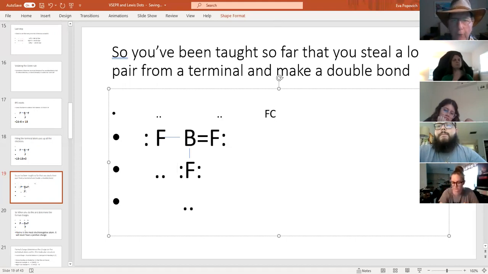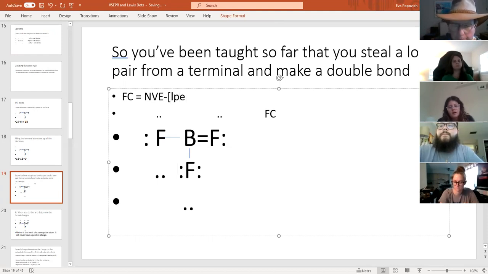And the way we do formal charge is equal to the normal valence electrons minus the lone pair electrons plus the bonding electrons divided by 2. Have you all seen something like this before? All right, this is how we figure out the charges on the individual atoms.